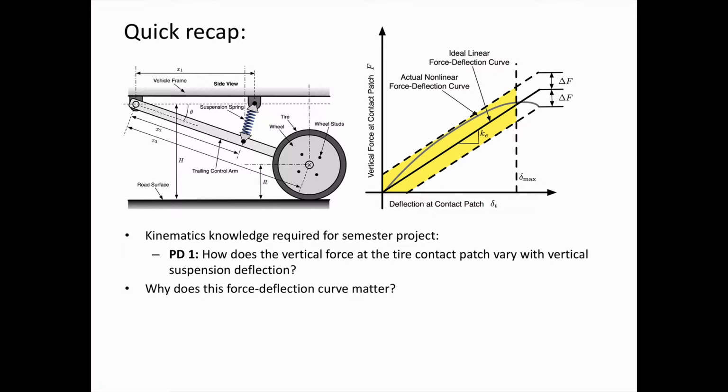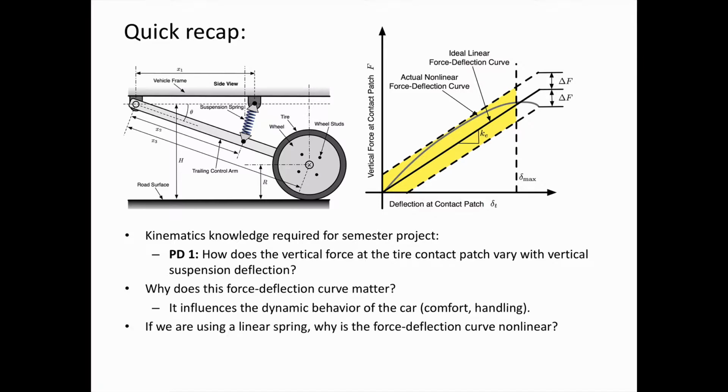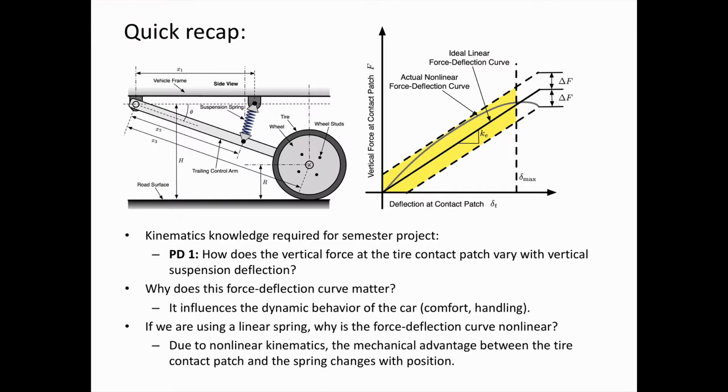So why does this force deflection curve matter? Why do we have requirements on it? It influences the dynamic behavior of the car, both with respect to comfort and to handling. Another question here is, if we are using a linear helical compression spring in this suspension system, why is the force deflection curve at the tire contact patch nonlinear?